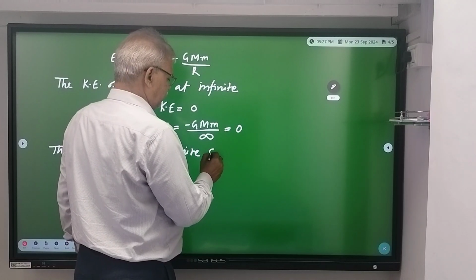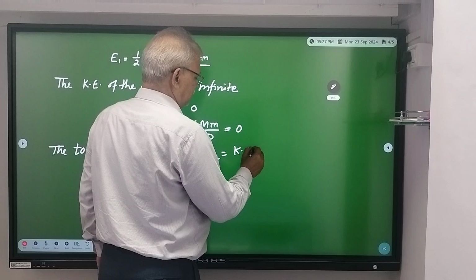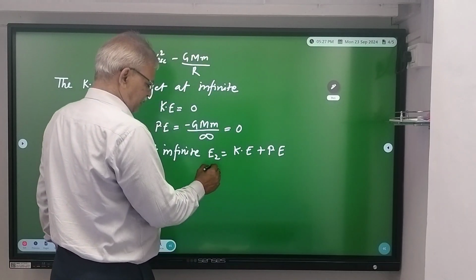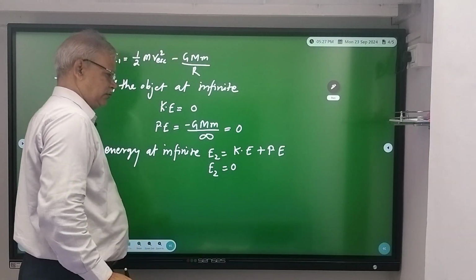Consider this is equal to E2 is equal to kinetic energy plus potential energy at infinite. Therefore, this E2 is equal to 0.